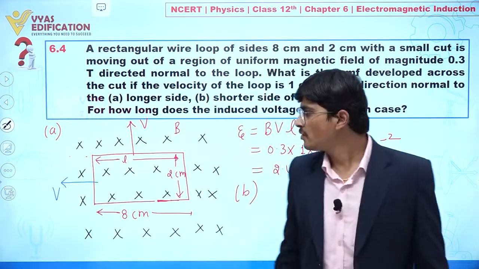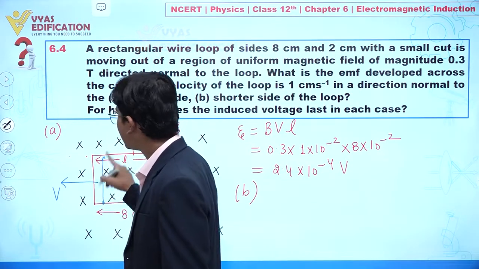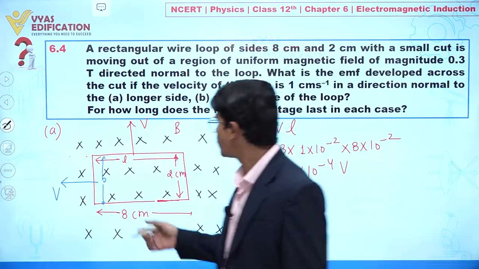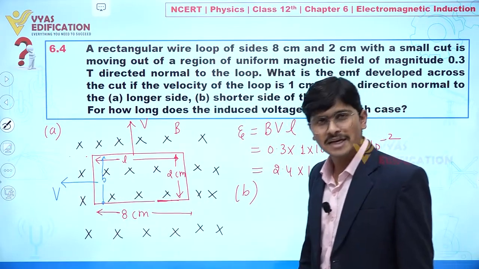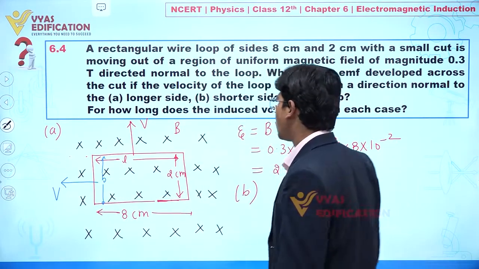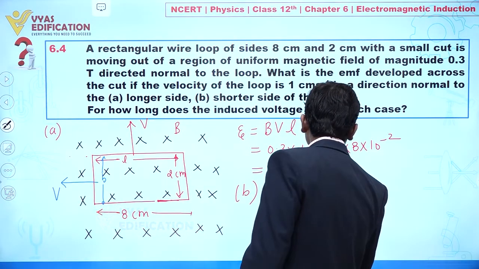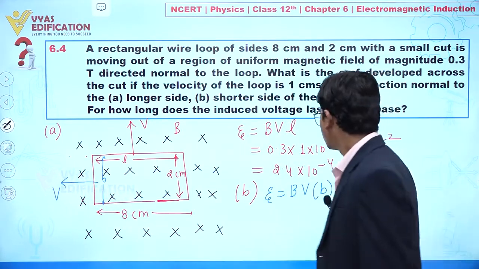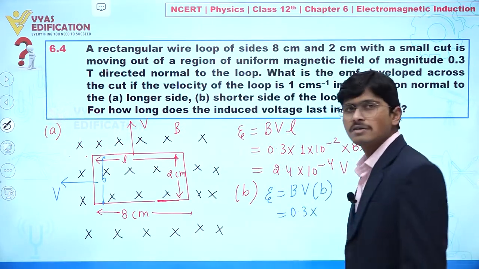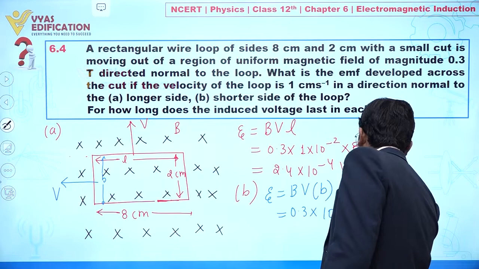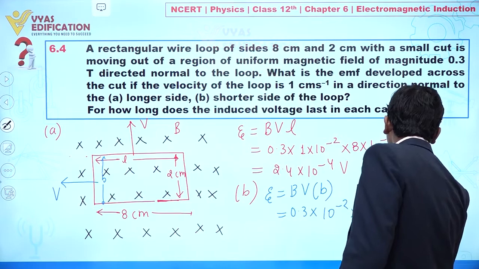Again, velocity, the magnetic field B and this small b are all perpendicular to each other, so we can apply the formula E equals BVL, where instead of L I write b. The value of B is 0.3, the velocity is the same, 10 to the power minus 2, and this side is 2 centimeter, so 2 into 10 to the power minus 2.